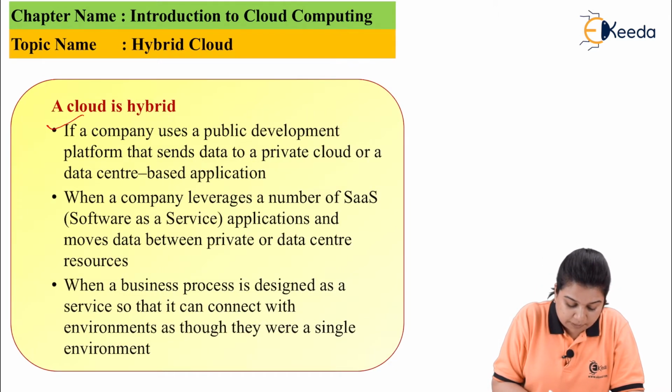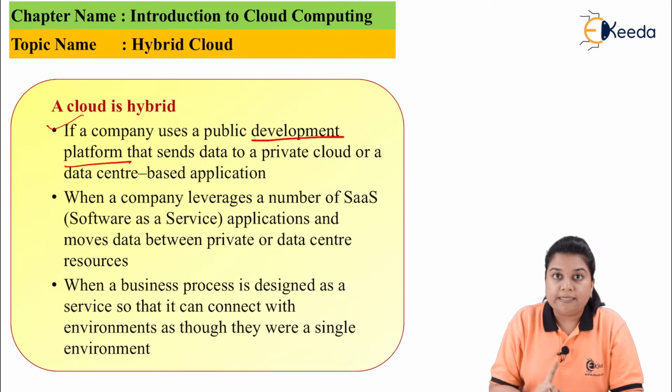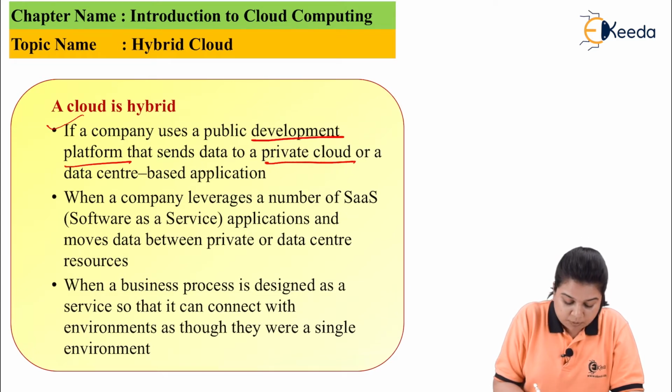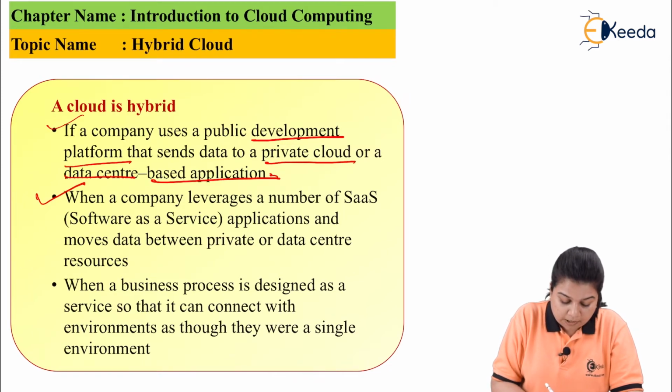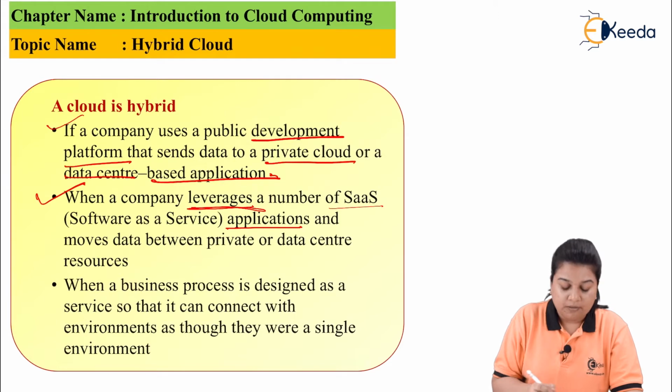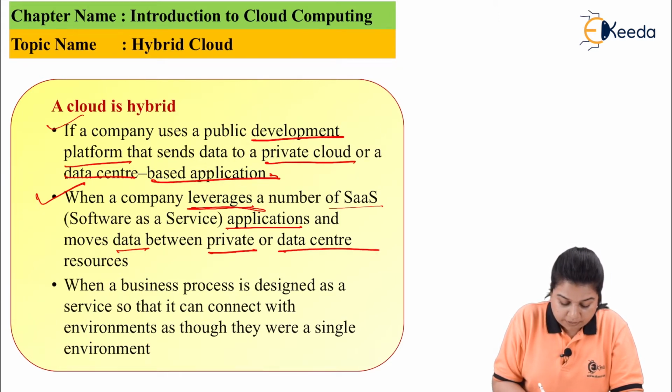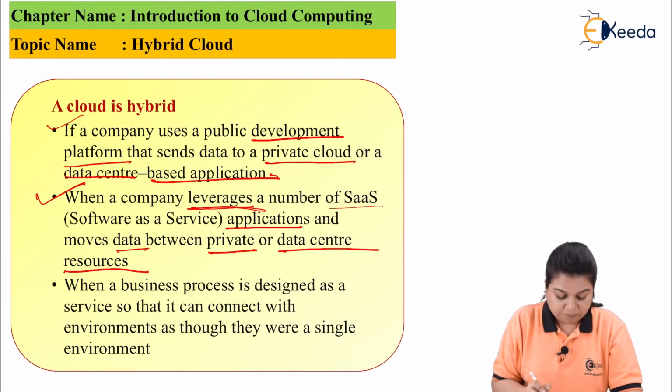First one is, if a company uses a public development platform that sends data to private cloud or data center based applications. Second point is, when a company leverages a number of software as a service applications and moves data between private or data center resources.